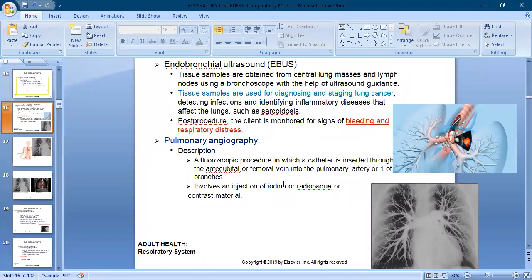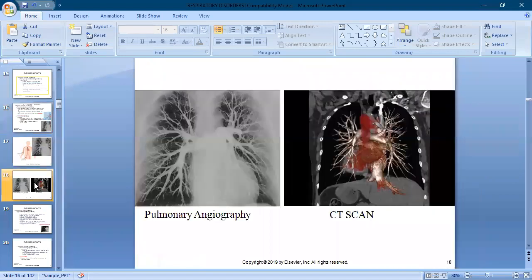And post procedure, make sure the patient takes enough food and enough water. With more water, more urine, because the dye or contrast media has to pass out through the urine. So this picture shows pulmonary angiography, by which we can see the vascular system inside the lungs.